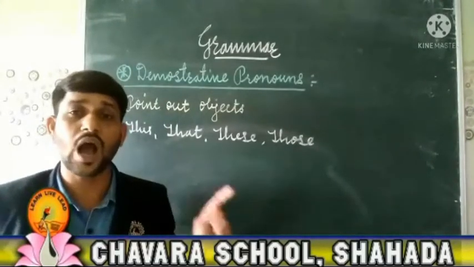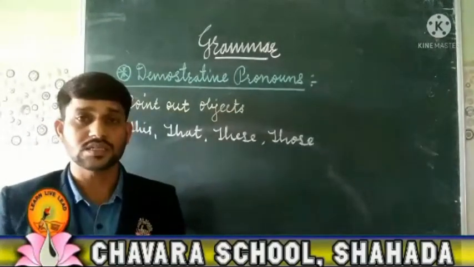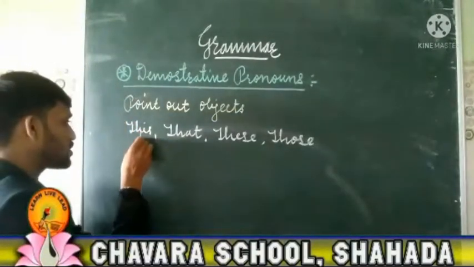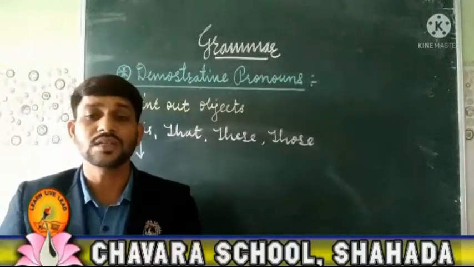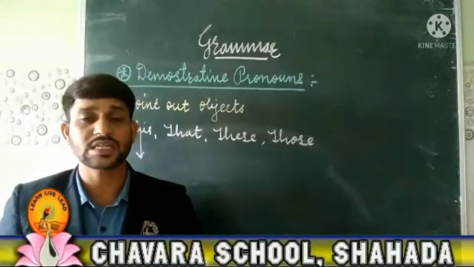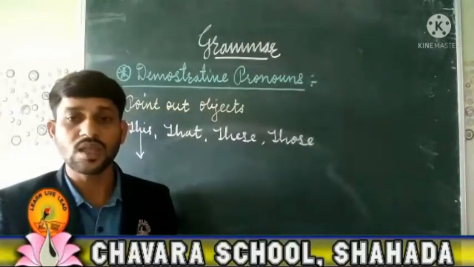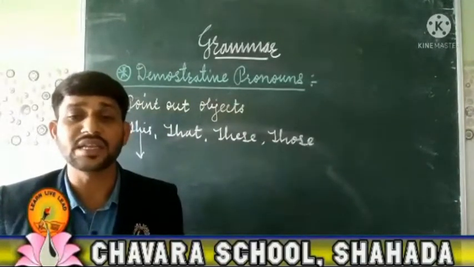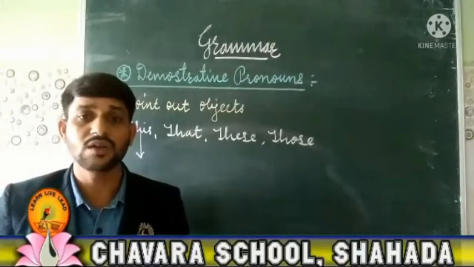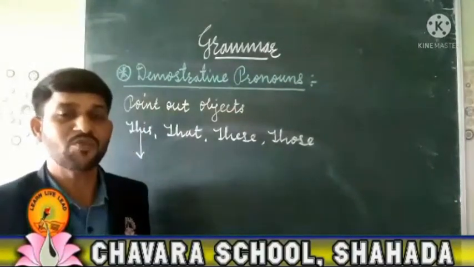So let us see how to use them in sentences. We use the demonstrative pronoun this when a singular object is near to the speaker. When an object or noun is singular and near to the speaker, we use this.